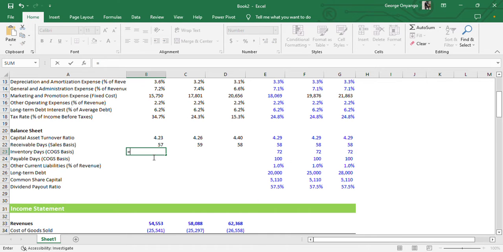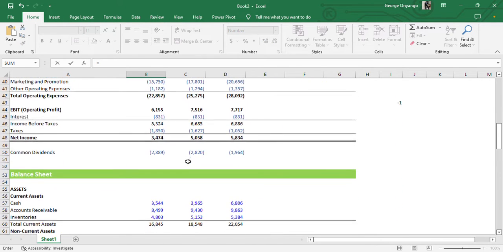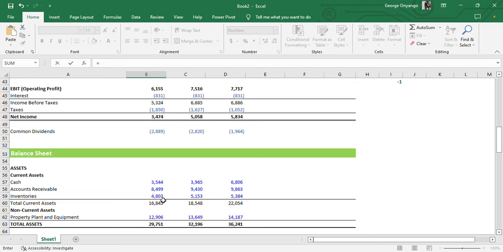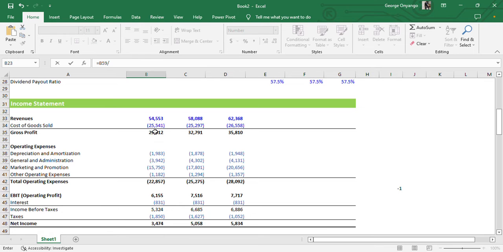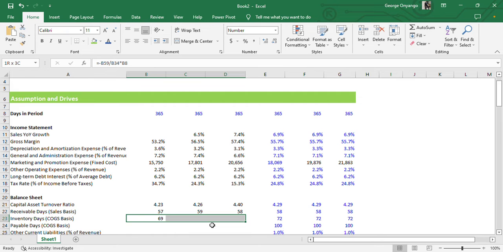Then we have the inventory days. For the inventory days, we are going to get the inventory divided by cost of goods sold. Then we multiply that by the number of days in a year. Then we get the number of inventory days. We're going to fill that right.